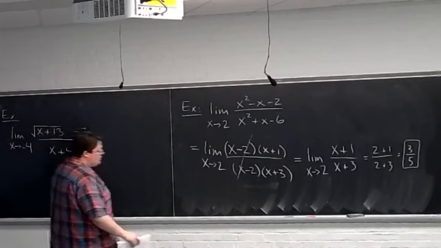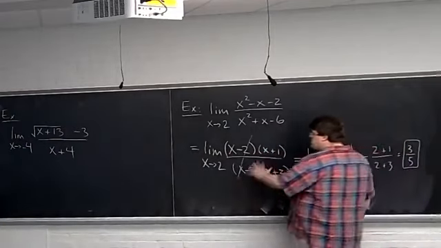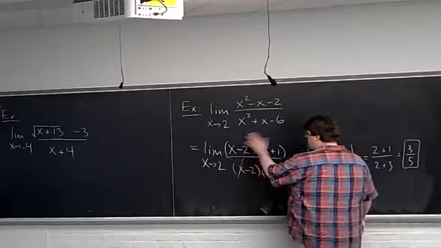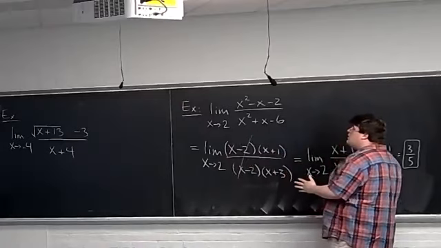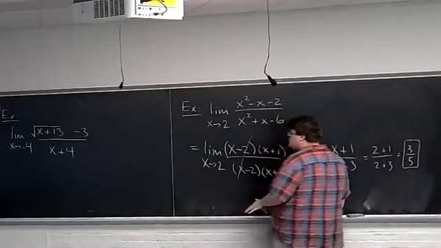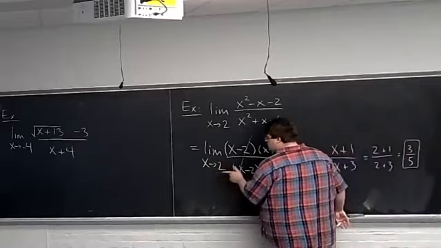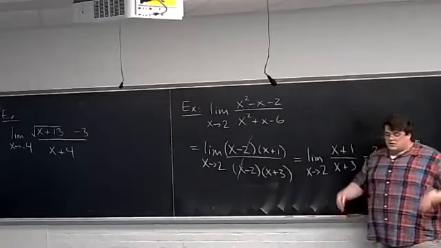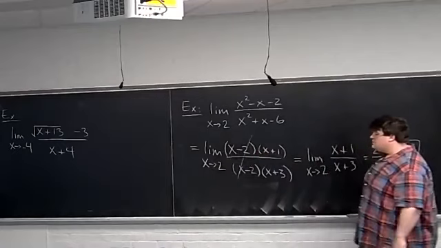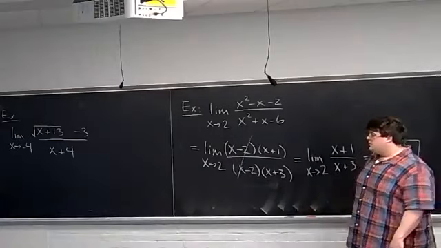So in this step over here, when we did this canceling, we didn't say 0 divided by 0 equals 1, because this limit doesn't care what happens when x equals 2. When x equals 2, this fraction is 0 over 0. But the limit cares what happens close to 2. In the definition of the limit, we never said it matters what happens at x equals 2. What matters is what happens close to 2. And close to 2, this fraction, x minus 2 over x minus 2, does always simplify to 1, because it's always a number over itself.